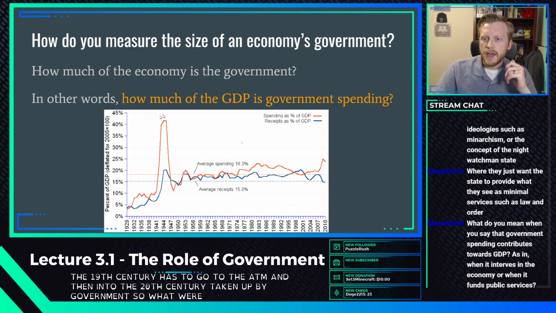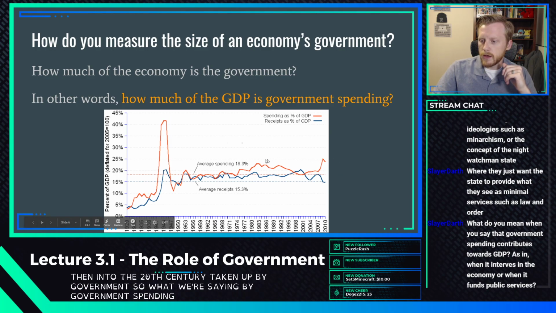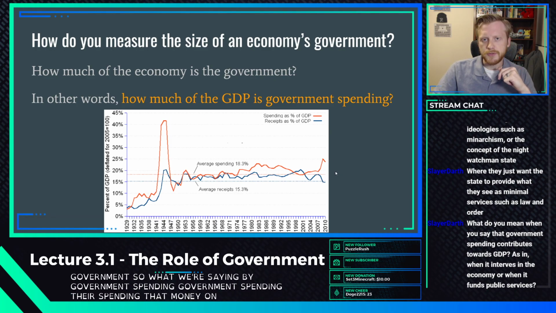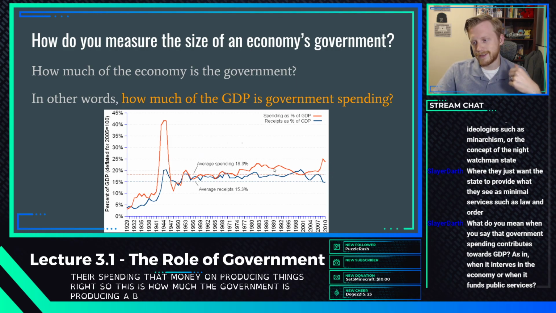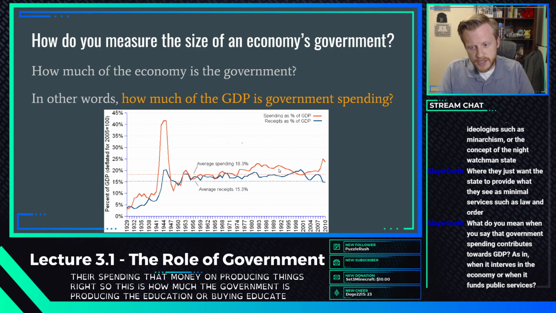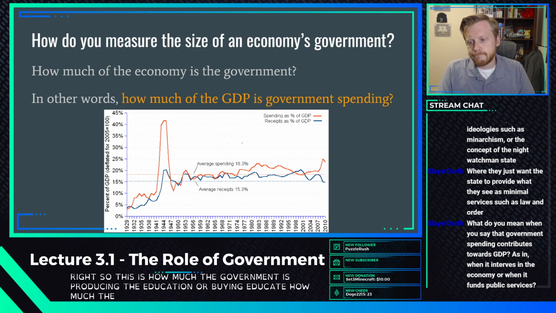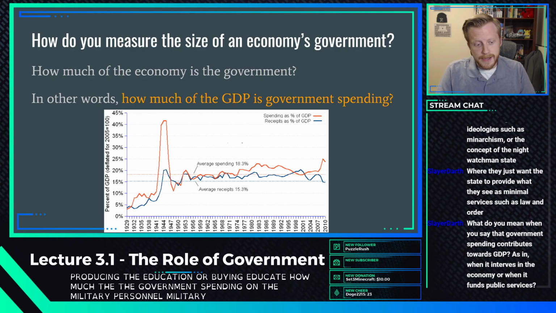So what we're saying by government spending, they're spending that money on producing things, right? So this is how much the government is producing, be it education or how much they're paying the teachers to educate, how much the government is spending on military personnel, military weapons.